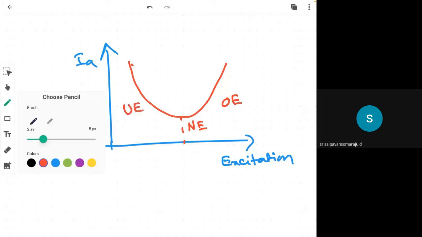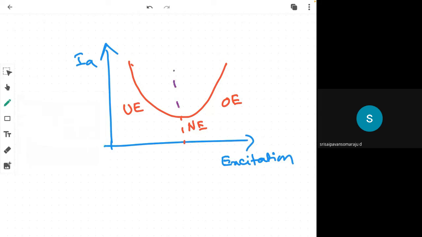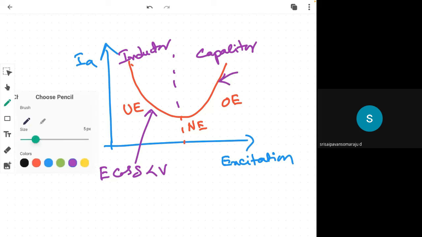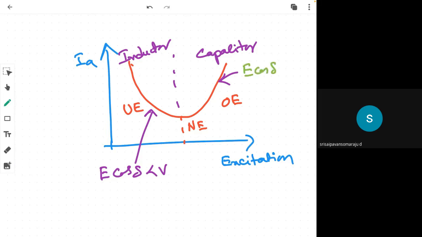In over excitation it is acting as a capacitor; in under excitation it is acting as an inductor. For the inductor operation, it is acting as a sink: E cos delta is less than V. Here E cos delta is greater than V.